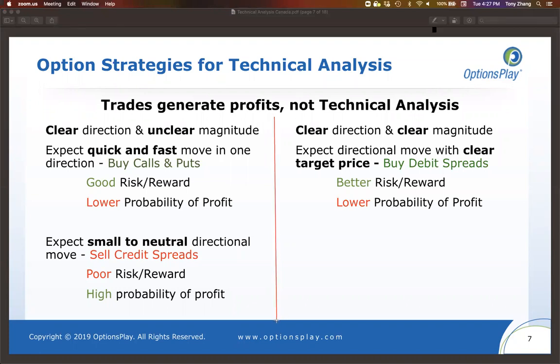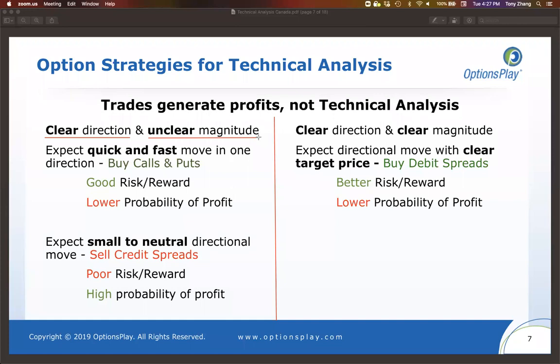You're going to find yourself doing certain forms of technical analysis where you get a clear sense for direction, meaning you have a clear sense whether the stock is going to go higher or lower, but you don't really have a clear sense as to whether it's going to go up by 1% or 10%, meaning the technical indicator itself does not give you a sense for magnitude. And there are many different examples of technical analysis that fall under this category.